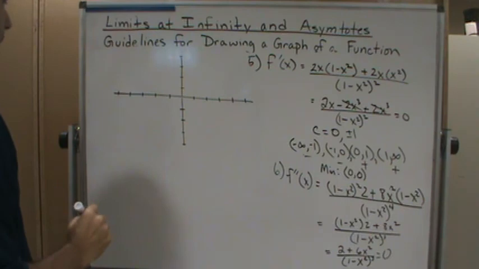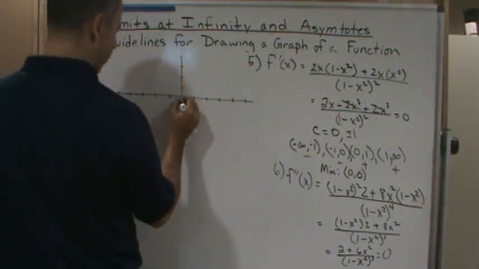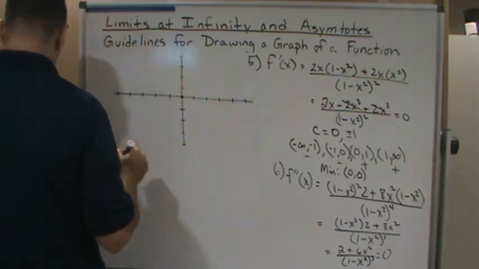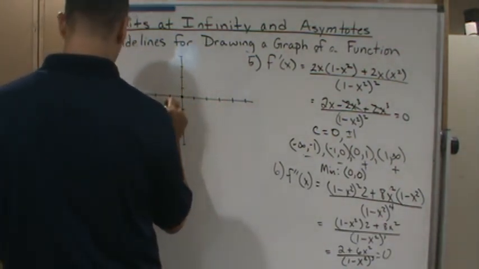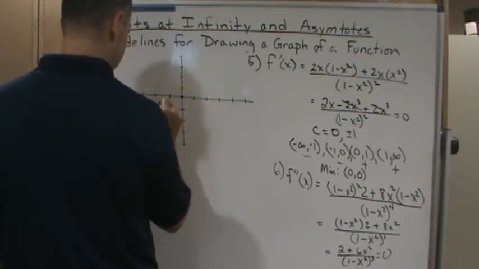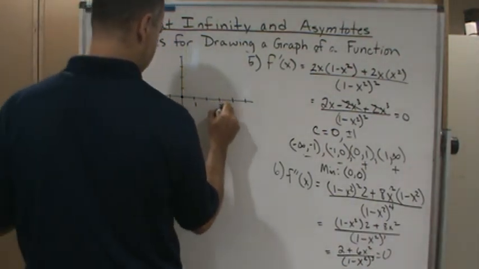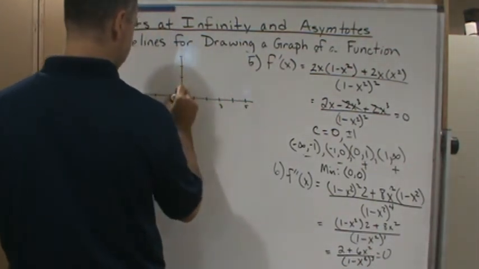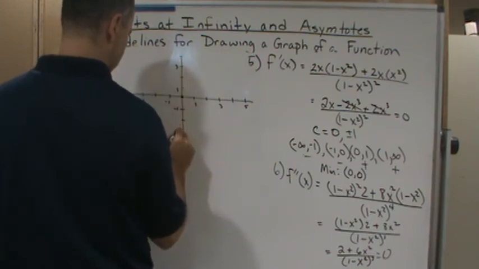And now, where are the intercepts? We have one x-intercept here. We have asymptotes, right, at -1 and +1. So let's do that. So -1, let's put -3, -5, 1, 3, 5.